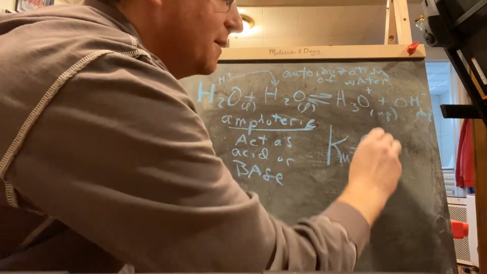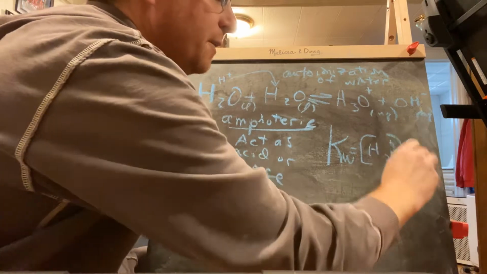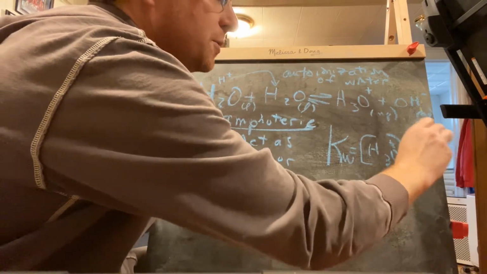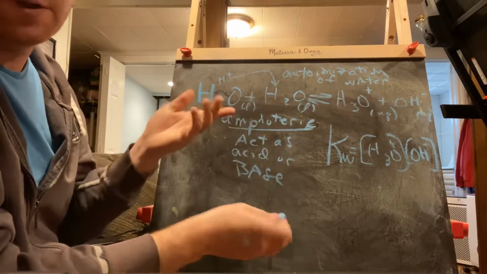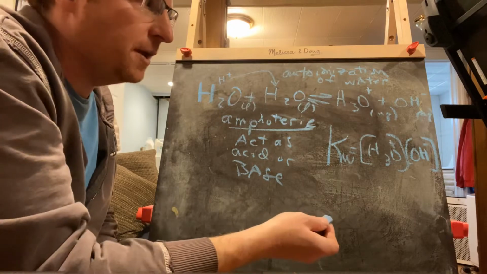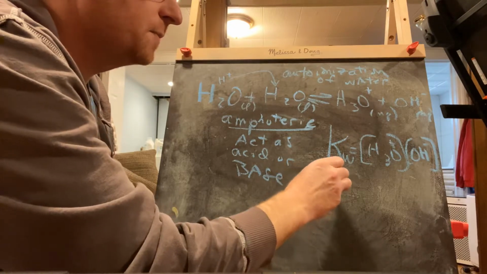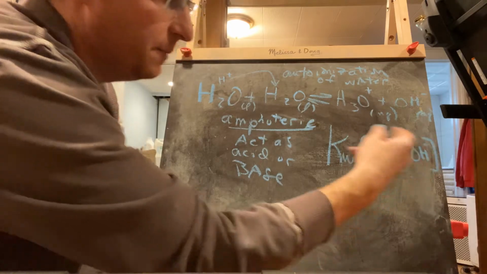This would be [H3O+] times [OH-]. We wouldn't put these two liquids in there because we don't put solids and liquids in equilibrium expressions. And so then what you'd end up with would be these two things multiplied by each other.